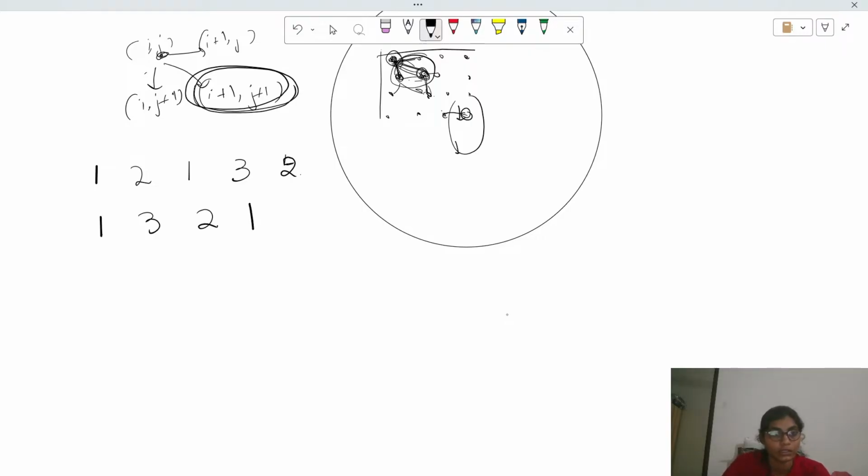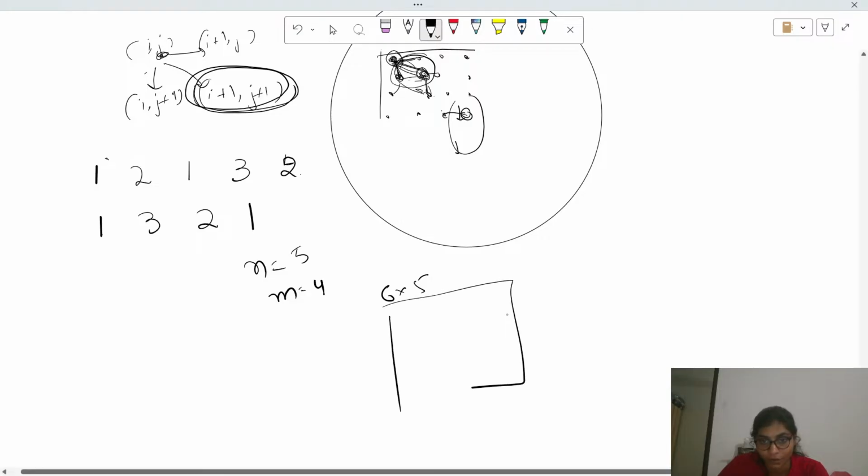So here in this case, n is 5 and m is 4, right? So the DP array would be of 6 by 5.